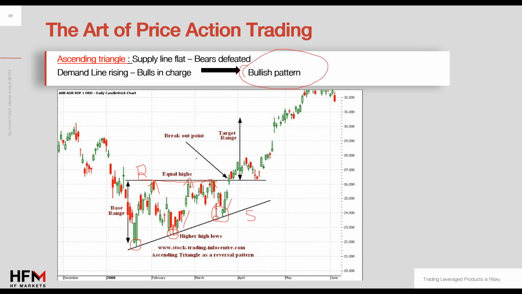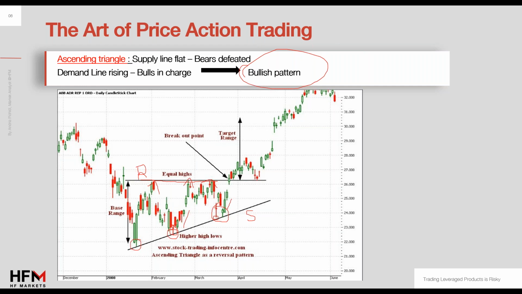So, okay, we have identified it, but we need to be patient because we know that in theory an ascending triangle is a bullish pattern, but we need to wait for a confirmation, right? Remember that we can use an ascending triangle in order to predict the potential breakout, because we said that it tends to be a bullish pattern.